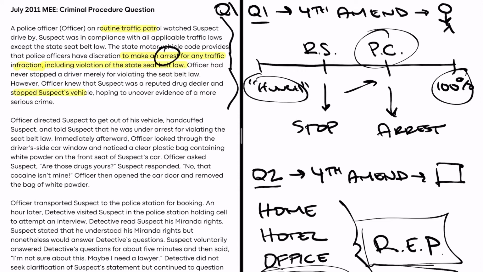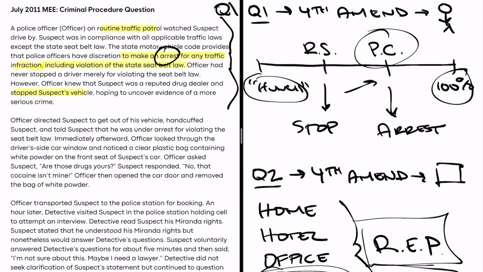Police go out and they'll even follow somebody that they believe has committed a more serious crime. They'll go out and wait for this person to make a minor traffic violation so that they can stop them. Whatever the police's motivations are don't really matter as long as they have probable cause to believe that some crime has been committed. They can make the stop and they can make an arrest based on that probable cause.